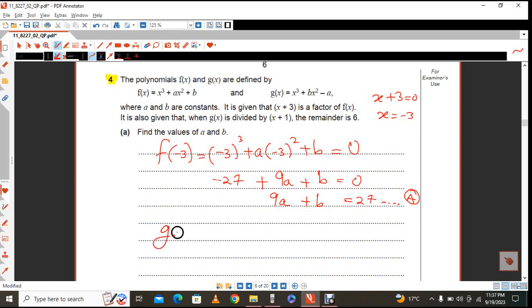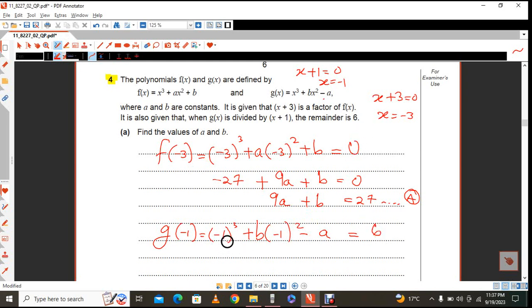Then for g of -1, doing the same thing, you take obviously x plus 1, let it equal to 0, then x equals to -1. Once you insert that, there is a remainder of 6. So into g, everywhere you have an x, that is -1 cubed plus b times -1 squared plus a, no, but it's minus a. And that leaves a remainder of 6.